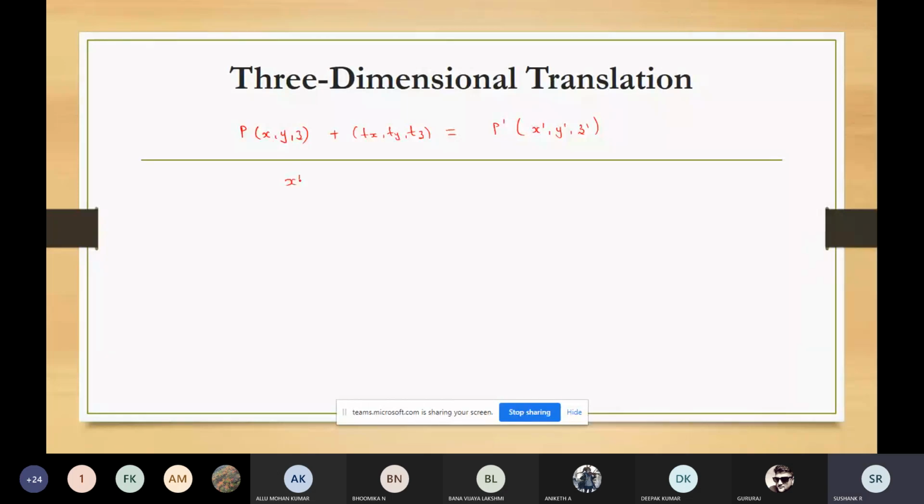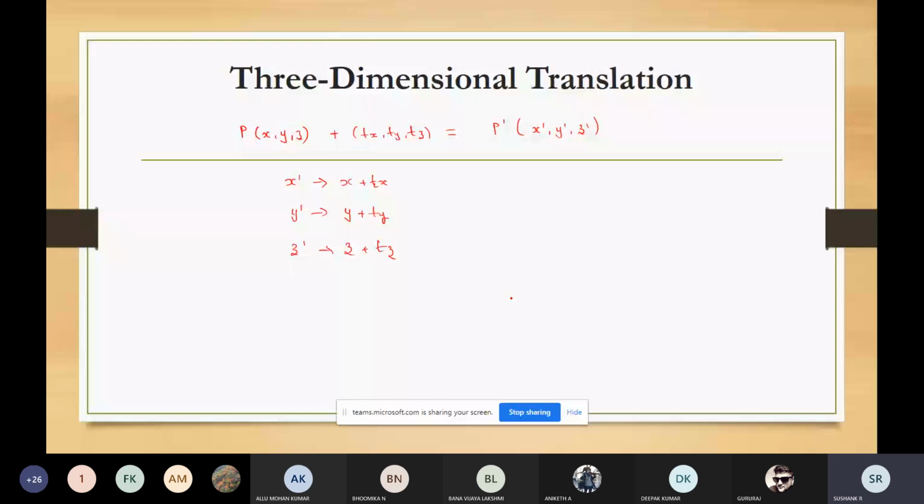So the new position x dash is given by adding the tx value to the initial position of x. The value y dash is obtained by adding y with ty, and z dash by z plus tz. This is how we represent it in terms of equations.